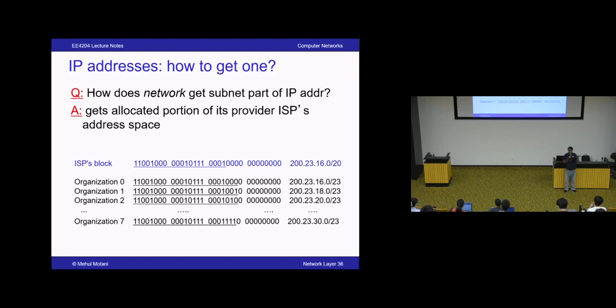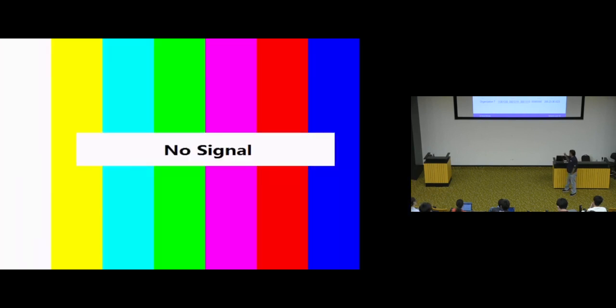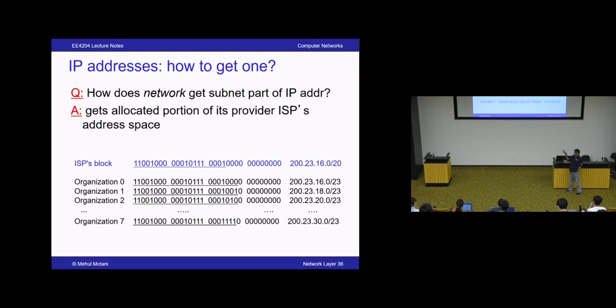And what this ISP can do is it can break up its 2 to the 12 addresses, okay, into 8 blocks of 2 to the 9, or 8 /23 addresses. Why 8? Because 23 minus 20 is 3. So there's 3 bits that are used to identify the subnet. Right? There's 8 subnets. So 2 to the 3 is 8. And so the ISP will give the organization, oh, here is your /23 range of addresses.